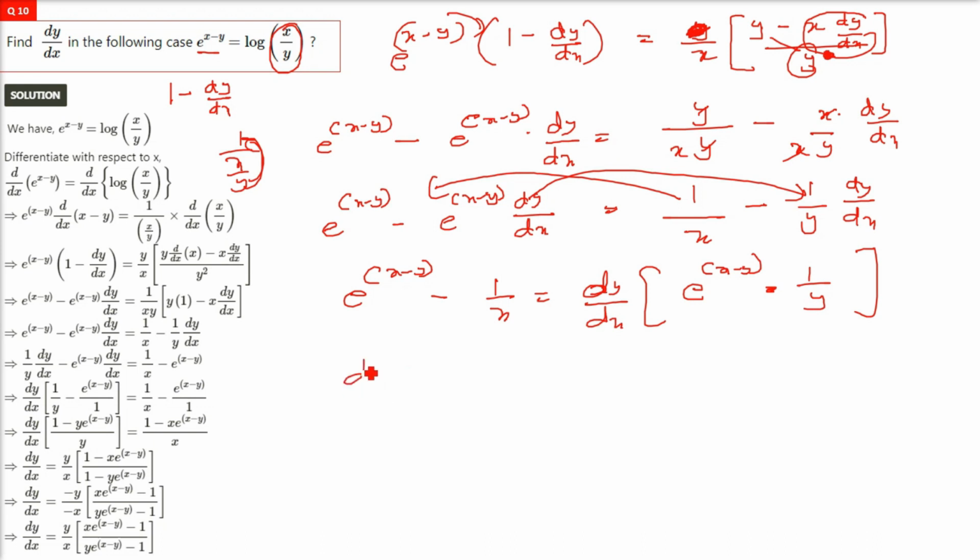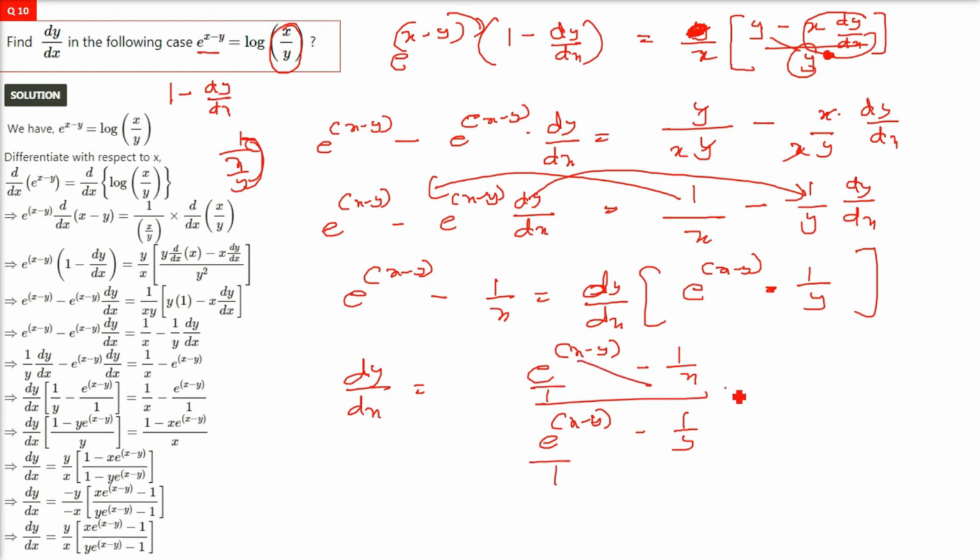So e to the power x minus y minus 1 by y, because dy by dx I have already taken common. Now dy by dx will be equal to e raised x minus y minus 1 by x divided by e raised x minus y minus 1 by y. Okay, so this is your answer, but you can simplify it more. Assume it to be division by 1. So x into e raised x minus y and minus 1 divided by x. Here you have y into e raised x minus y minus 1 divided by y.